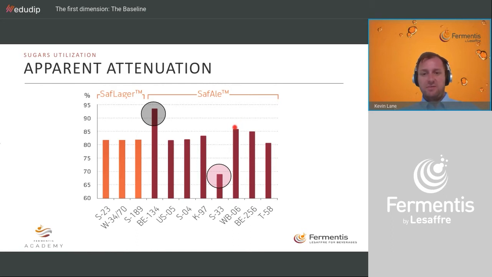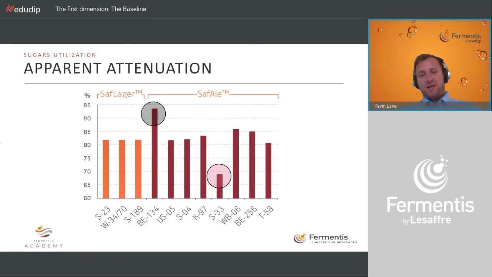WB06 being here at about 86% attenuation, B134 being well over 90, somewhere probably in the 89 to 95% attenuation range. And then you can also see really low attenuating strains like S33 having roughly 70% attenuation.